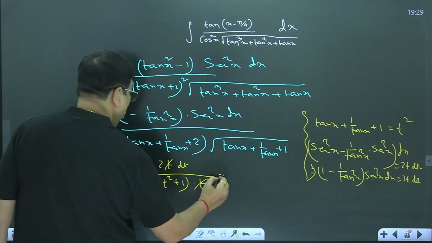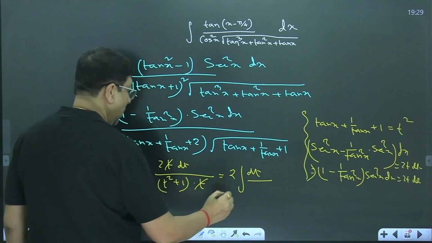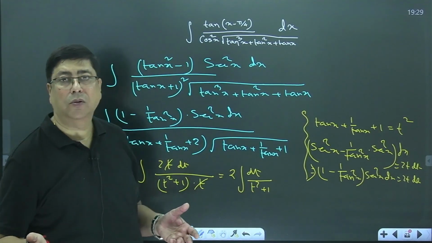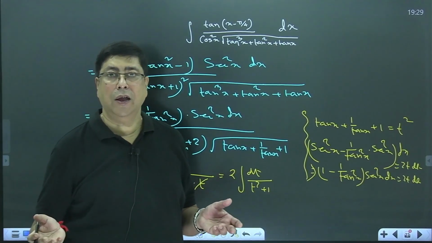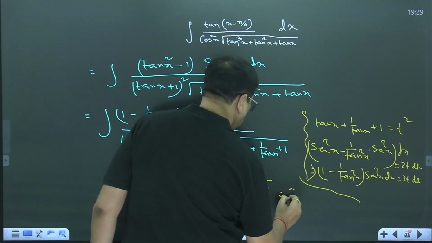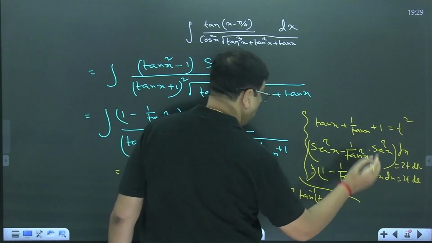So directly you have to do, actually I thought we would have to go to the next page, but it is not needed. t square plus 1, so it is x square plus a square in the denominator, the formula is 1 by a tan inverse x by a. So directly you are getting 2 tan inverse t plus c. Now put the value of t.